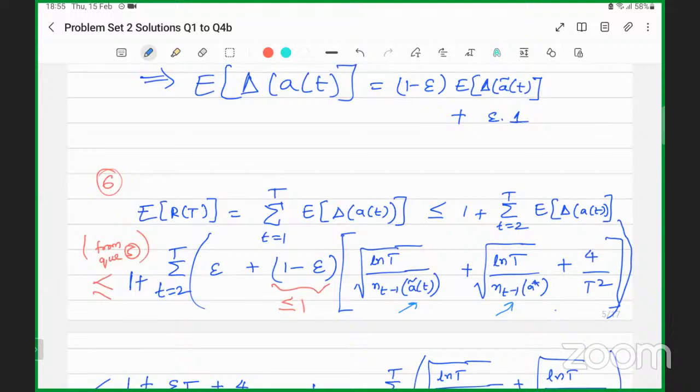At t equal to 1, N_{t-1} means N_0, right? At time 0, every arm would have been played 0 times. So as I said, maybe I should count till the first time that every arm is played at least once. Or maybe I should be a little bit more careful, but that's the main reason. I just don't want to divide by zero. That's the only thing.